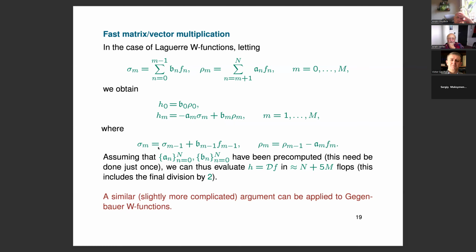So in other words, in order n operations, if the matrices are square, order 6n operations, including even the final division by 2, we can obtain this multiplication. In general, to multiply a vector by a matrix costs us n squared operations. In this case, it costs us order n. And a more complicated argument can also be applied to Gegenbauer W functions, so this can be done very fast.